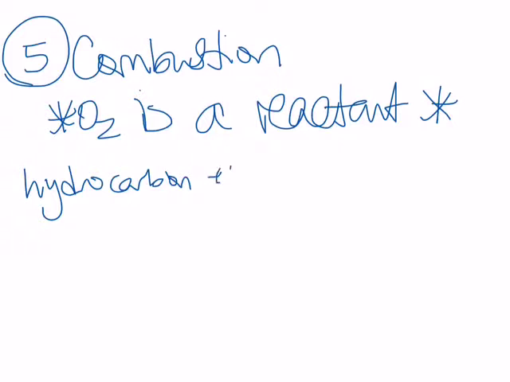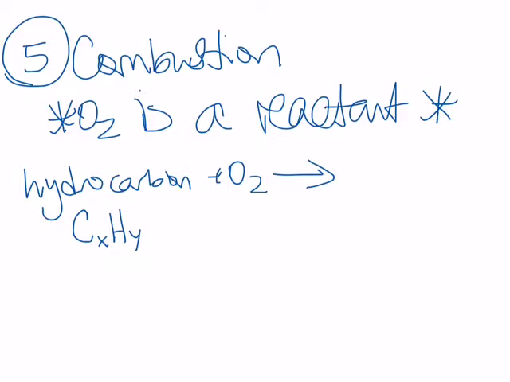For example, the most common type of combustion reaction is when you have a hydrocarbon reacting with oxygen. A hydrocarbon is just like it sounds. It's something that contains hydrogen and carbon. The carbon's always written first. And these X and Y down here can be any numbers, any subscripts.